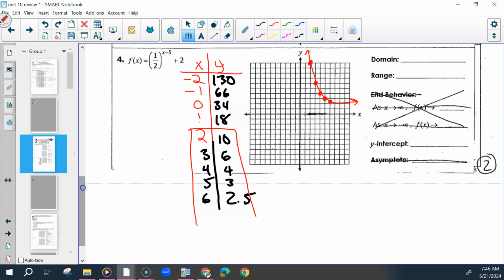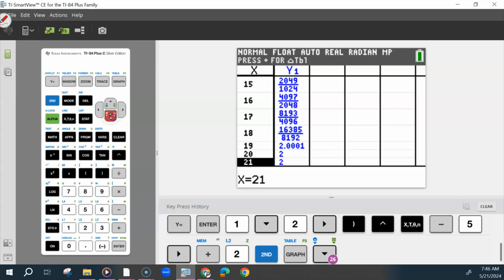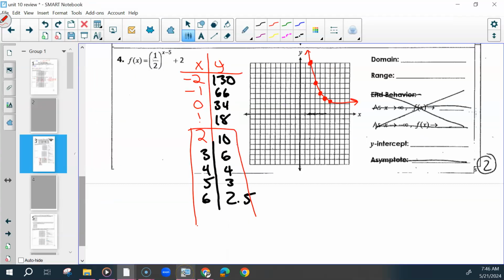If you kept looking on your calculator, you'll see that these are all fractions, and eventually it gets closer and closer to 2. It's not actually at 2, you can only put so many decimals in here. So domain is going to be the same as the quadratics, all real numbers.